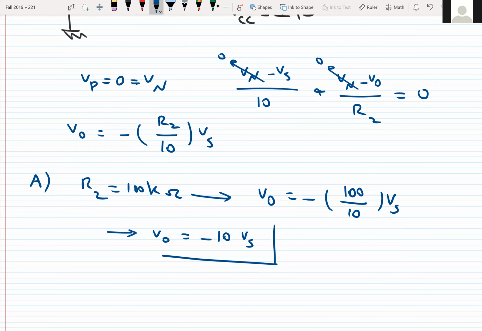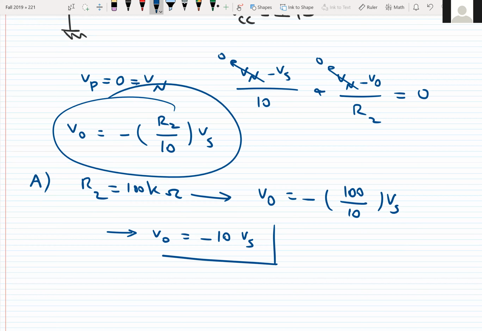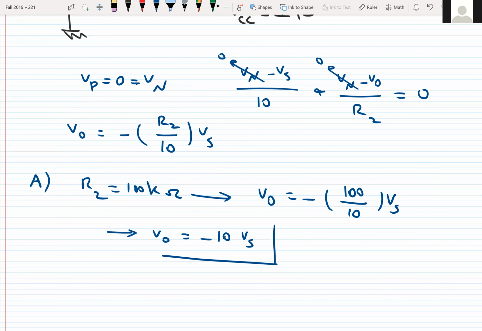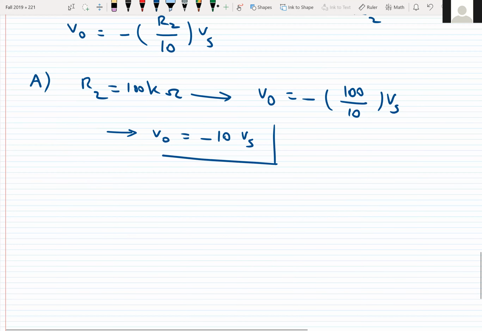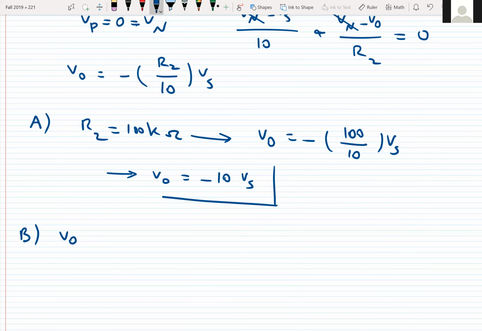Okay, now I just give you 1 minute to solve part B, because for part B we have the equation, and the only thing we need to do is put in a value. Find part B and tell me what is the Vo for part B. The equation is the same. The only thing we need to do is substitute.